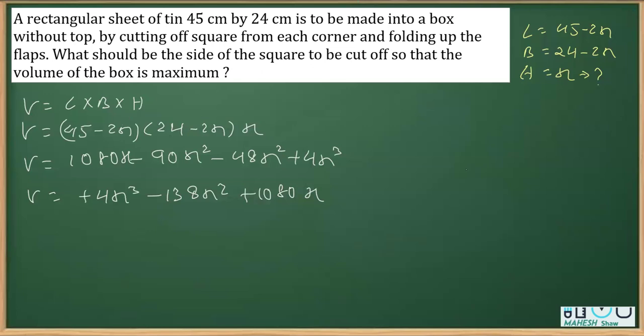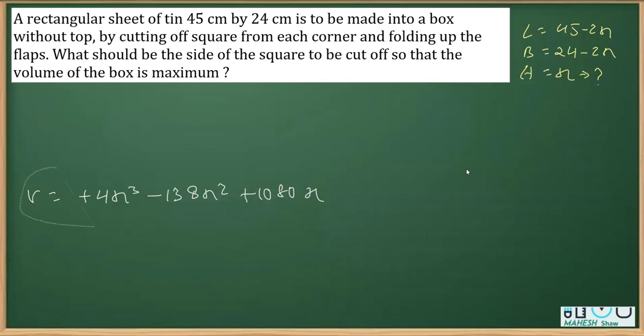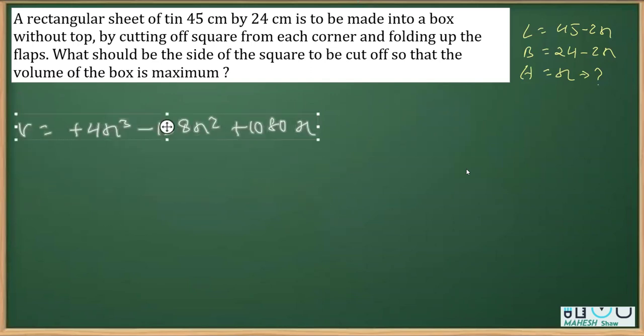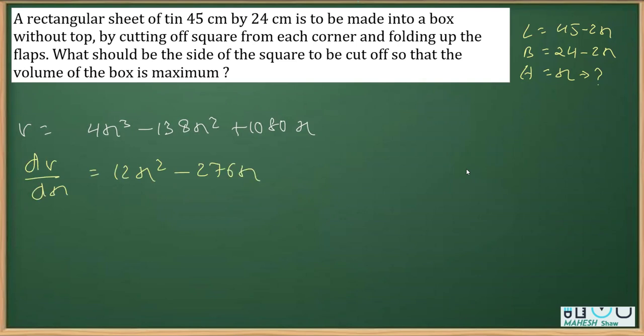Now, once we have the volume, we will find its derivative so as to find the extremes, that is, the critical points. Differentiating V with respect to x, we get dV by dx equal to 4 into 3, that is 12x squared, minus 138 into 2, that is 276x, plus 1080.